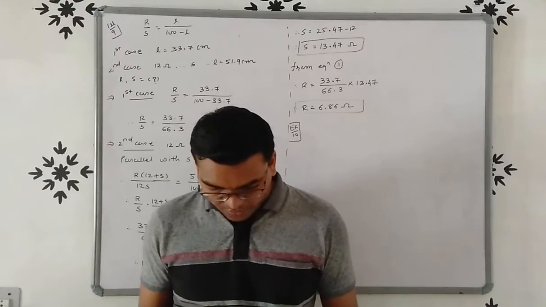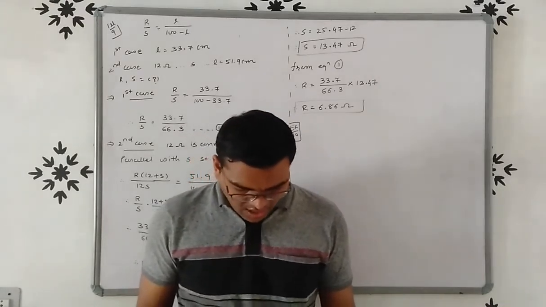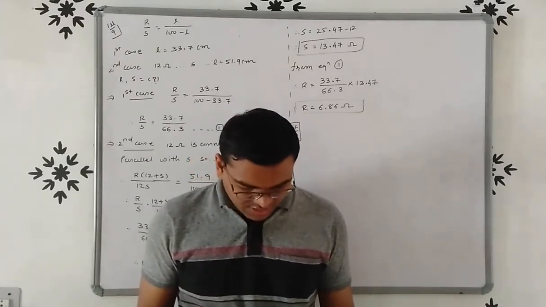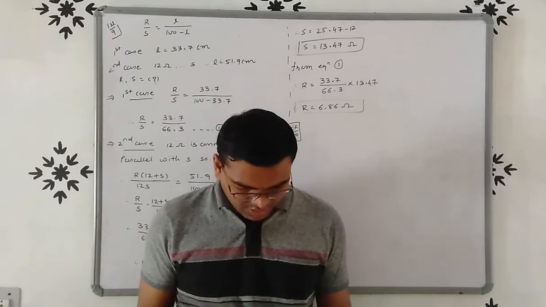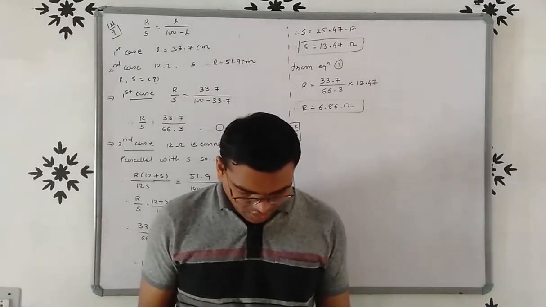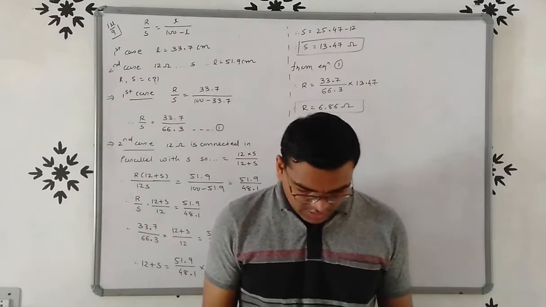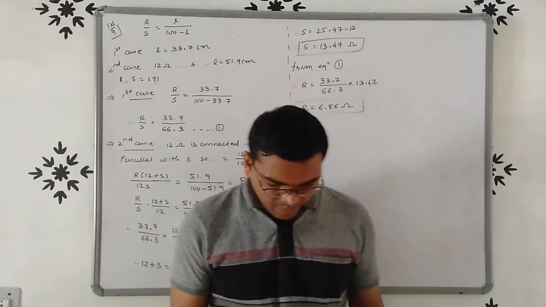Determine the value of resistance X. X and Y are the connections between resistors in a Wheatstone or meter bridge made of thick copper strip.